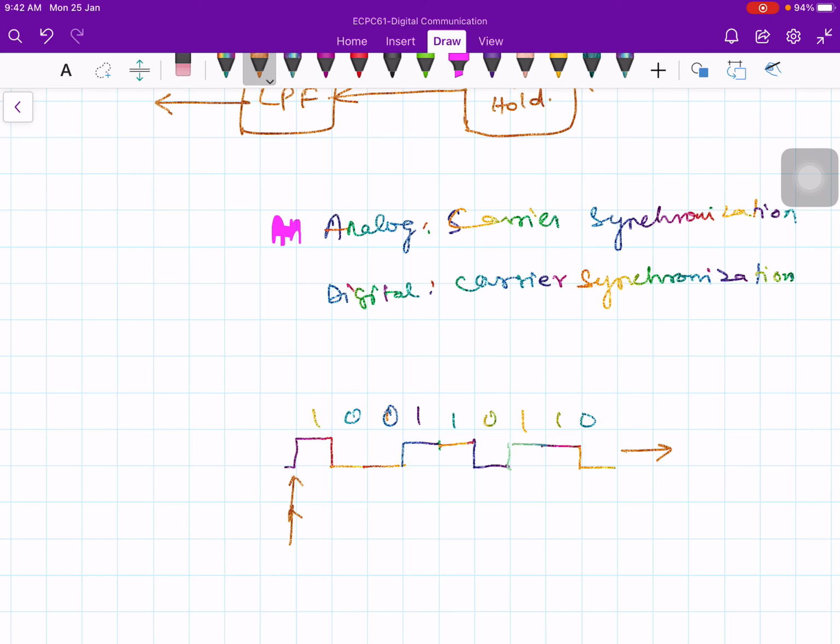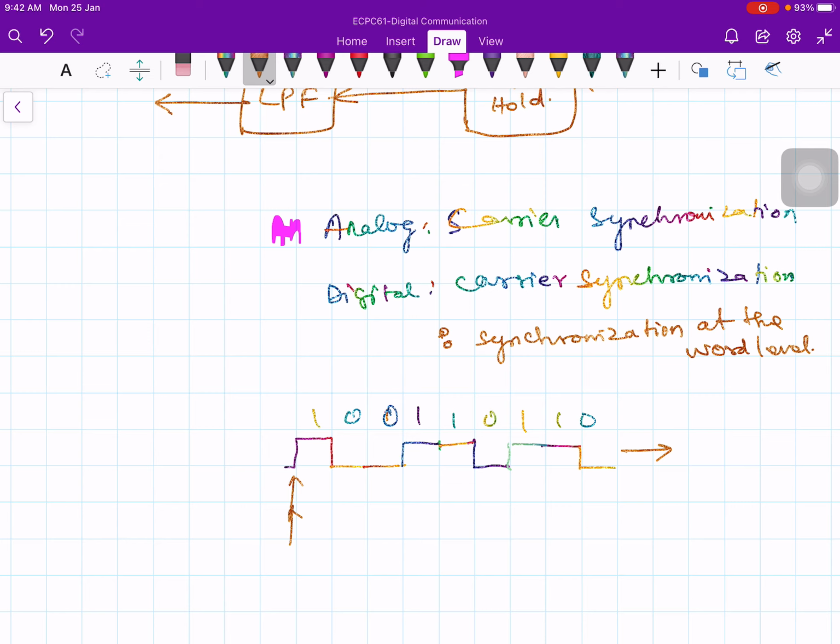So you require synchronization at the word level, as well as bit level also.